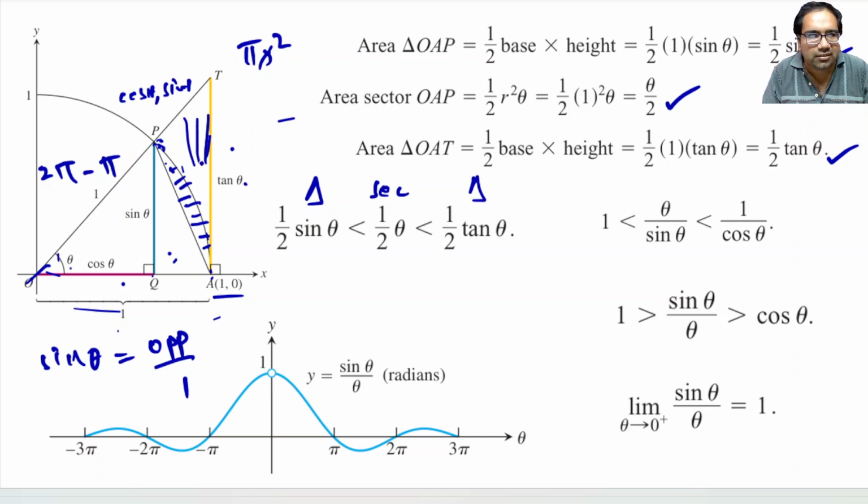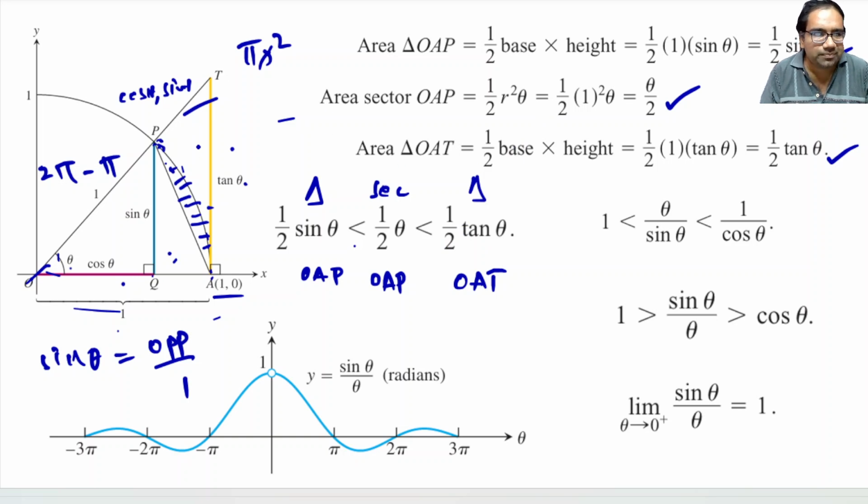This big triangle will include this part also. Okay, OAT. So basically what we are saying, OAP triangle, OAP sector, and OAT triangle again. The areas are half sine theta is less than half theta is less than half tan theta.